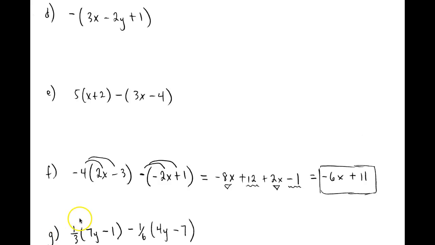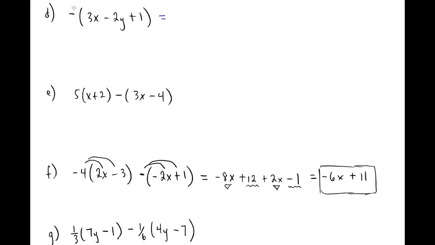So for our first example here, D, we see that we just have the negative on the outside. So essentially to us, all that means is that we're going to distribute this understood -1 that's here. So when you see this, you're literally just looking at this as if it is a -1 being multiplied by everything.